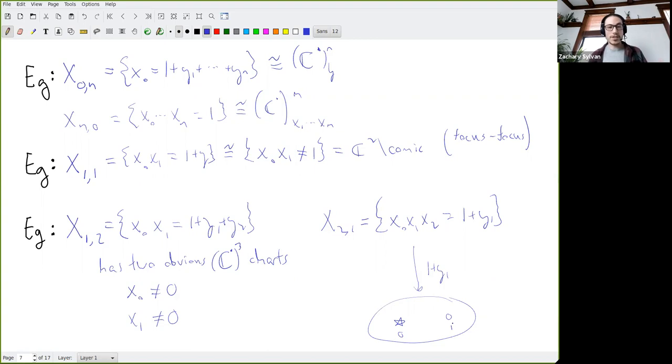This situation, just like in x11, has natural Clifford and Chekhanov tori. So here's my Chekhanov torus, and here is my Clifford torus. And we should imagine that these tori on the right are mirror to the C star cubed charts on the left.